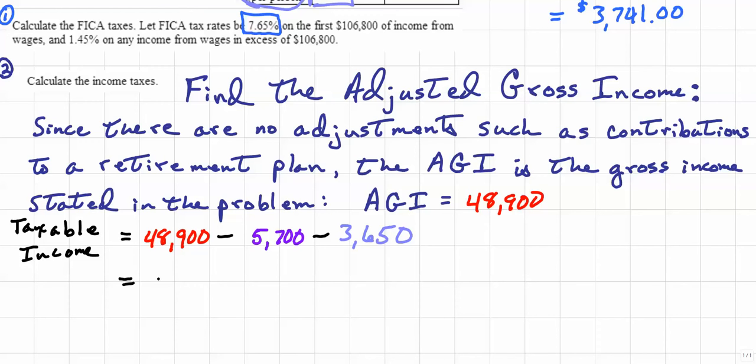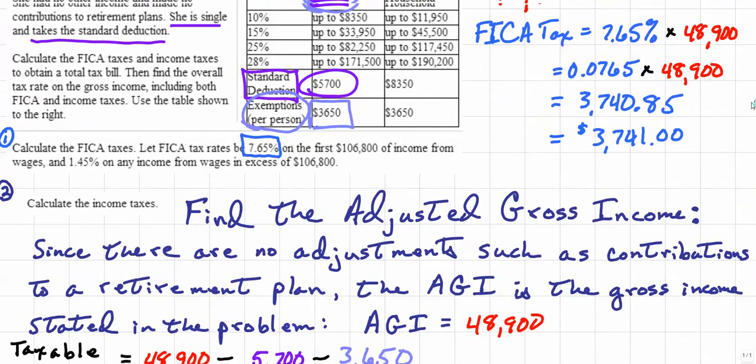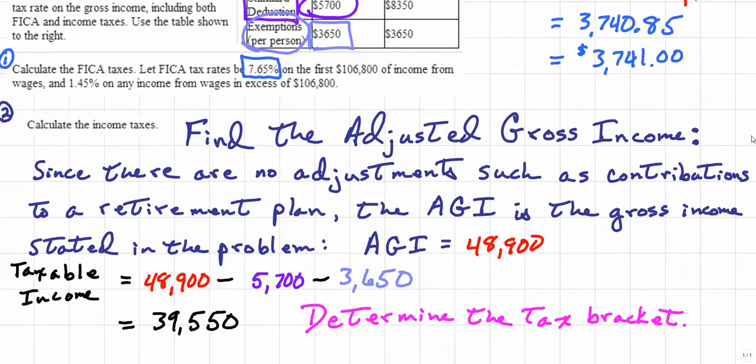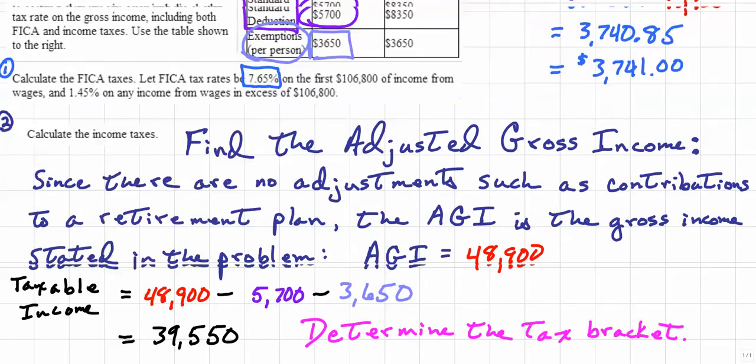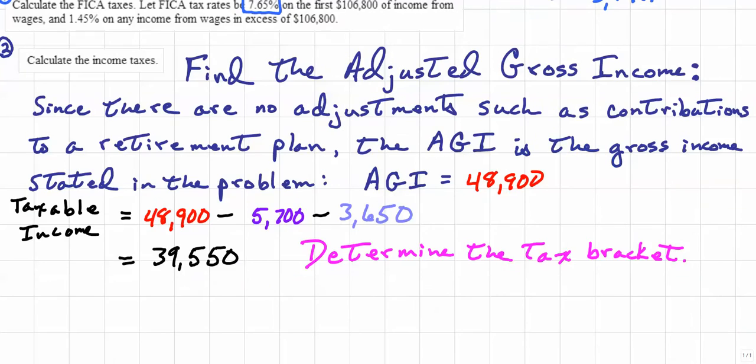And that would be equal to $39,550. So now we need to determine the tax bracket. So we'll scroll back up and look at the table again. And remember that we're at $39,550.